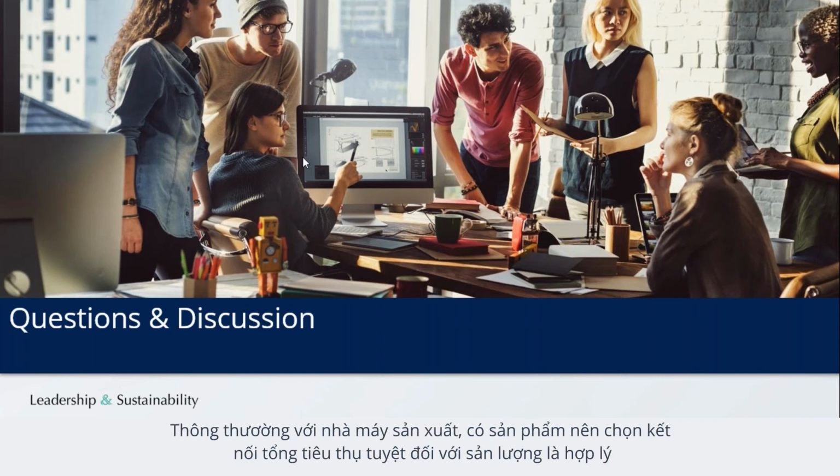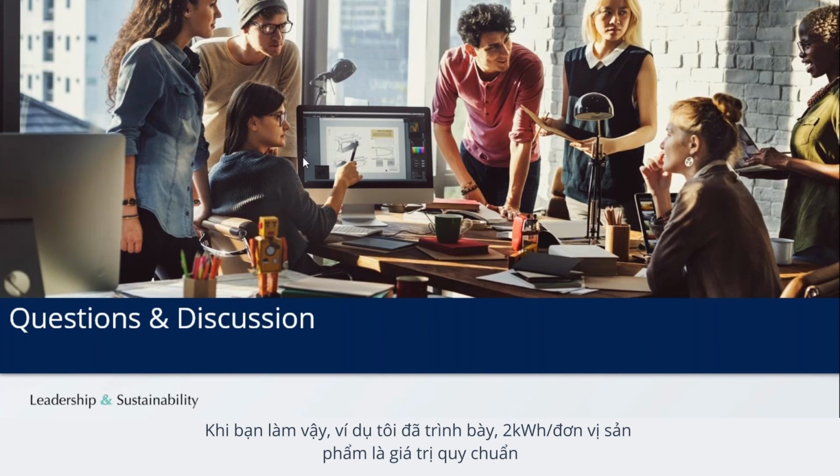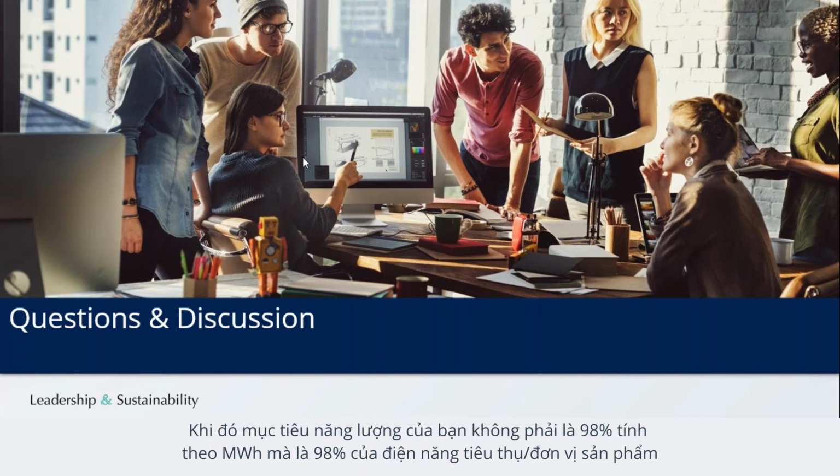But usually in production units, in factories, since you are producing a product, it makes sense to try to relate the absolute number to your actual production volumes. And when you do that with a calculation example that I showed you with 2 kilowatt hour per garment, that would then be a normalized value. So then your goal would not be the 100 to 98% in megawatt hours, but it could be the 100 to 98% in terms of megawatt hours per garment produced.